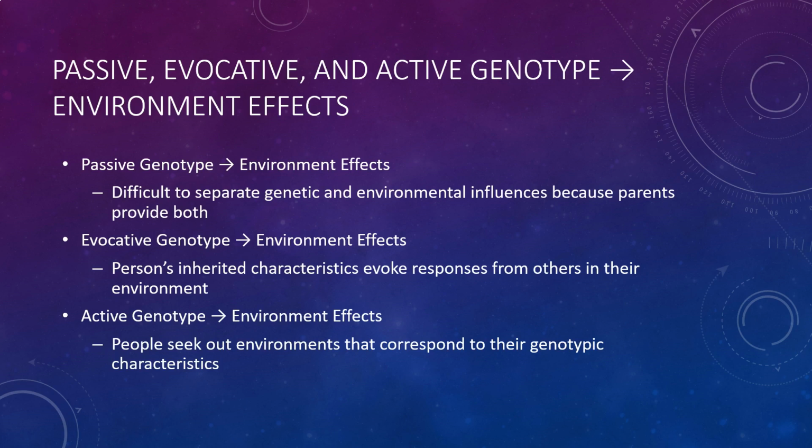And again, that will then impact their development versus maybe a child who has inherited genes that they're very interested in music. Well, they might go find or seek out music lessons or ask parents for musical instruments, and then that will impact their development.